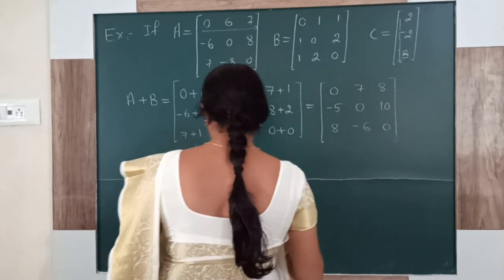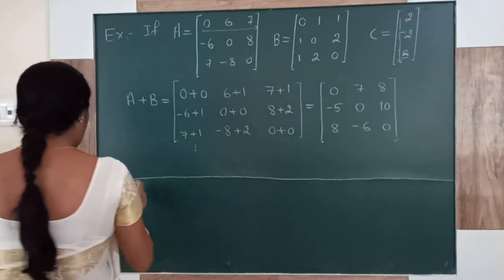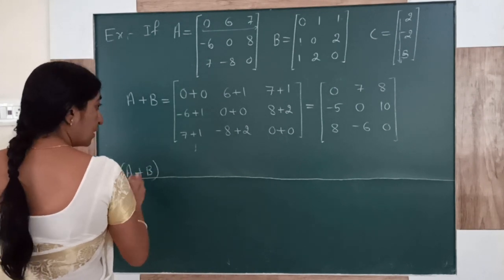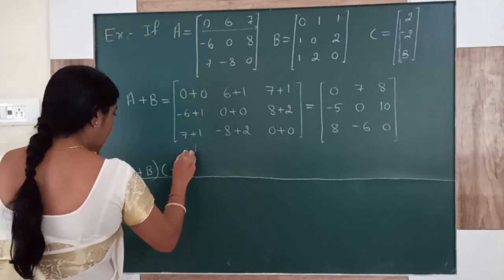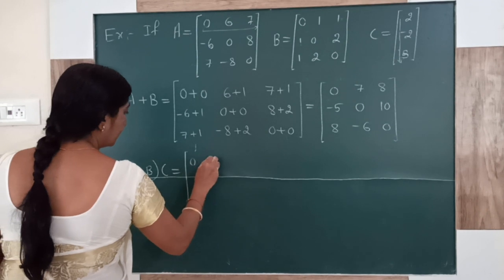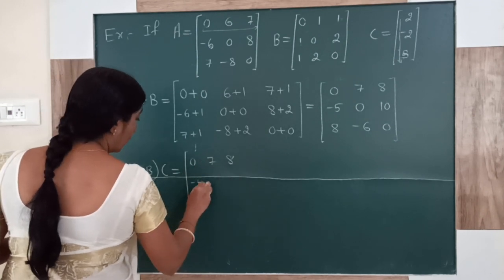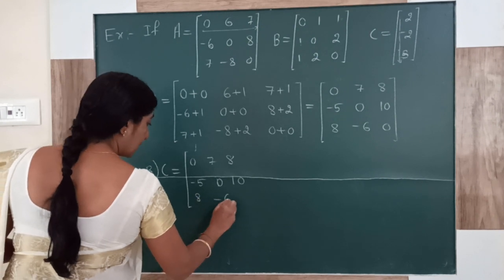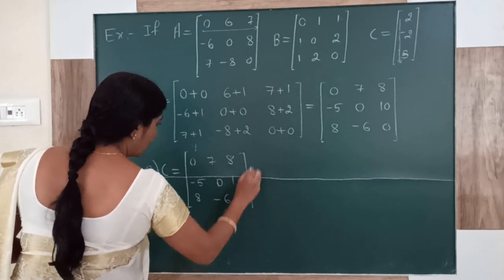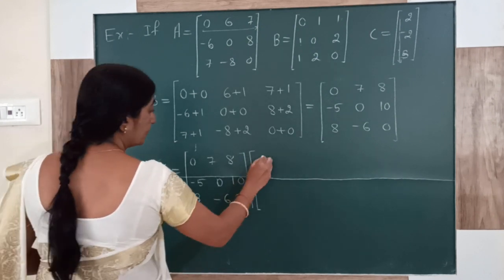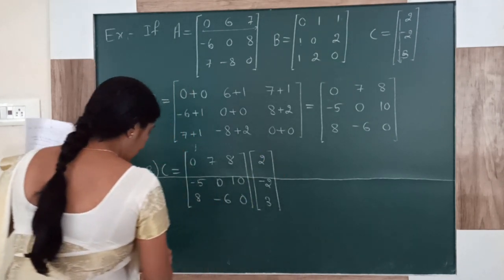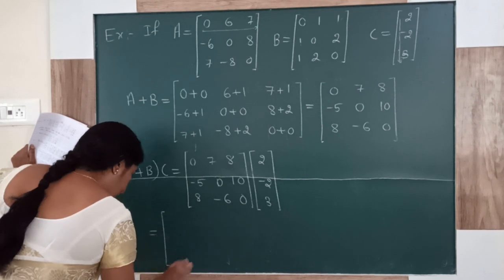I hope all of you are getting the same answers. Next coming to A plus B into C. First I want A plus B. Already we calculated here. Then on the side write C. Yes. With me only you are writing or what?